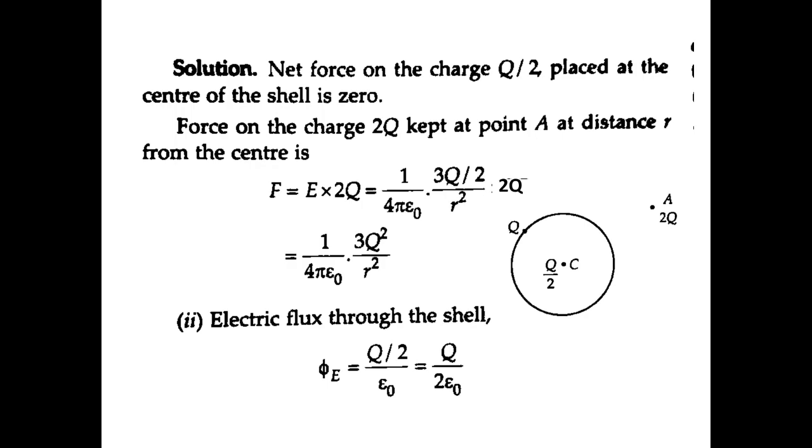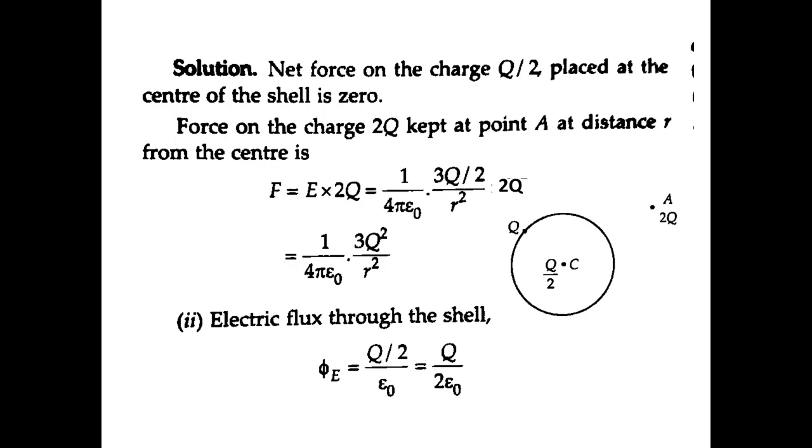Now you can go through the solution. Net force on the charge q by 2, which is inside the shell, is 0. Now force on the charge 2q kept at a point A at a distance r from the center is given by F equal to E into 2q.